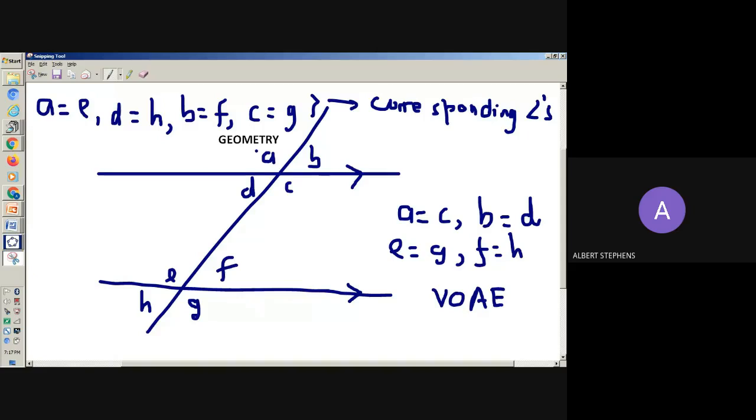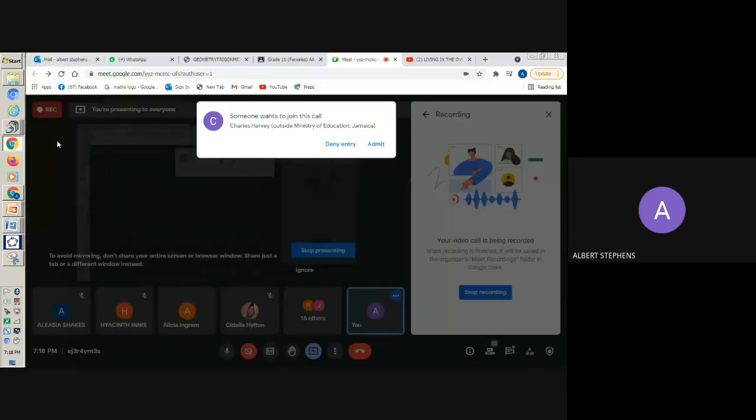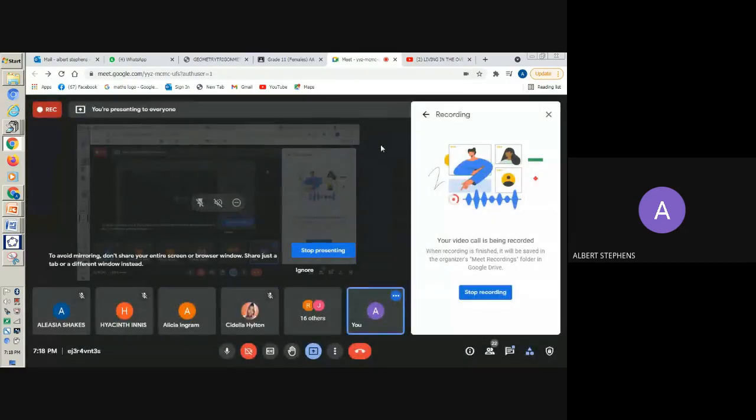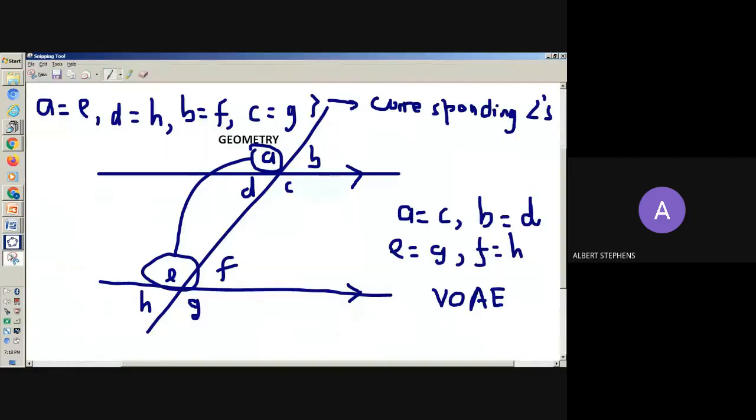So look at A. A corresponds to E. B corresponds to F. And C corresponds to what? G. And D corresponds to what? To H.